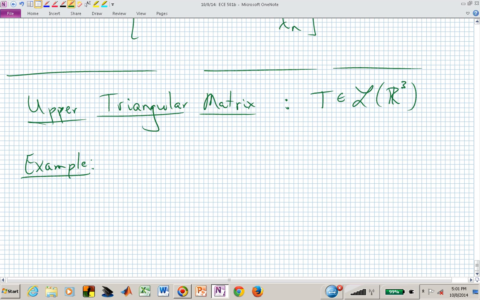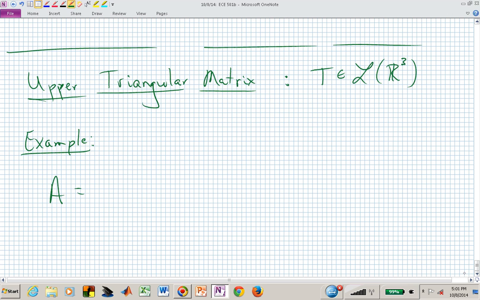For our example, suppose that the matrix representation of a linear map T is what we'll call A, and let's say now that that T is going to be using the standard basis.